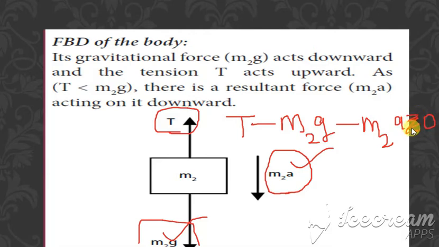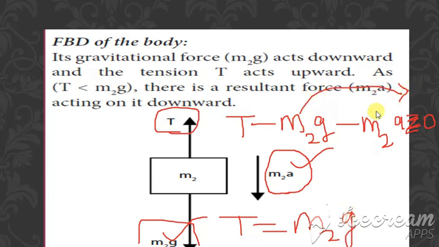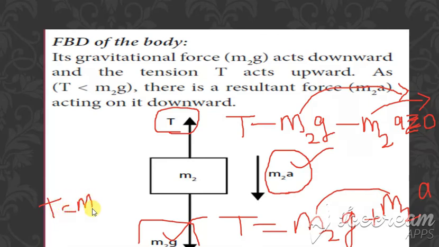Now if you bring these terms to the other side, this can be written as T is equal to M2G plus M2 into a, because minus, when brought to the other side, becomes plus. Among these, bring M2 outside, so T is equal to M2 into g plus a.